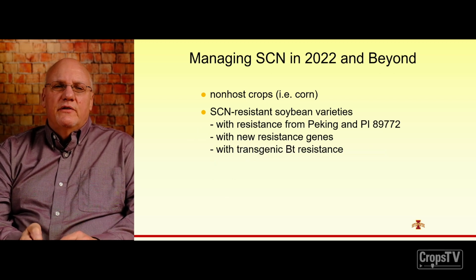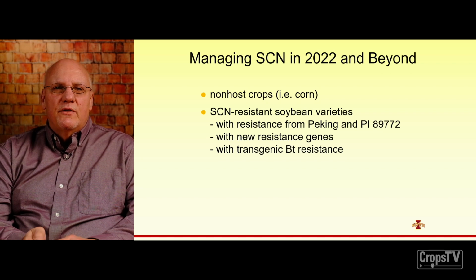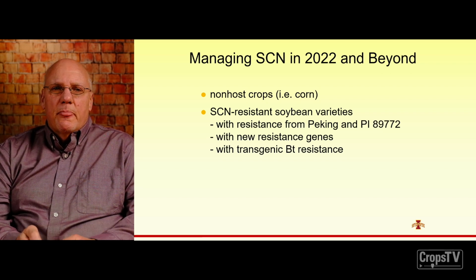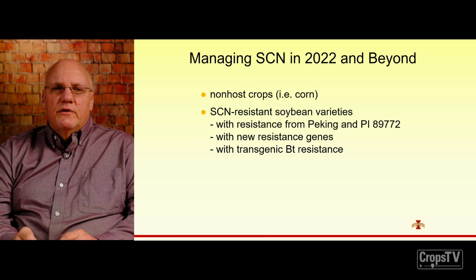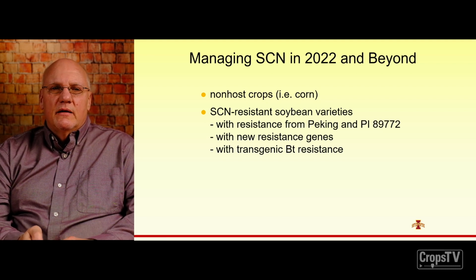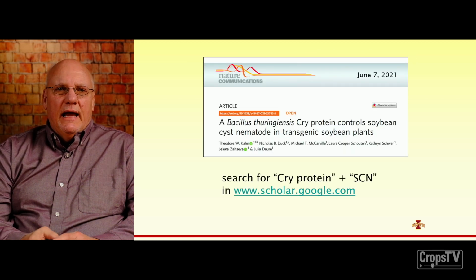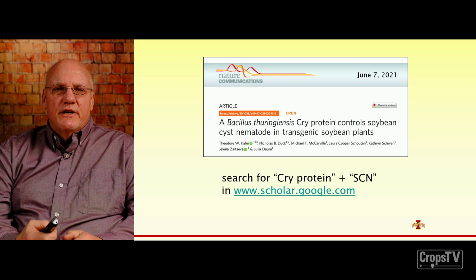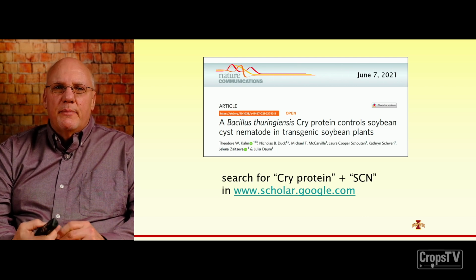And then a positive note to end on with resistance is the EPA gave approval to BASF in 2020 to advance development of a transgenic Bt resistance for soybean cyst nematode. And in June of this year, scientists who were working on that project at BASF published a paper.